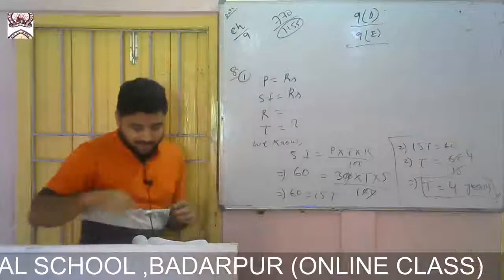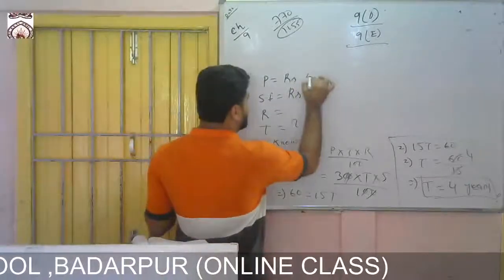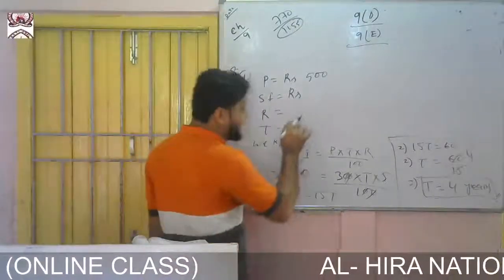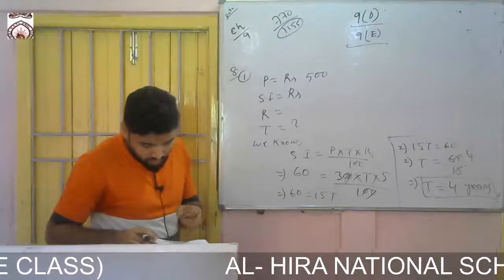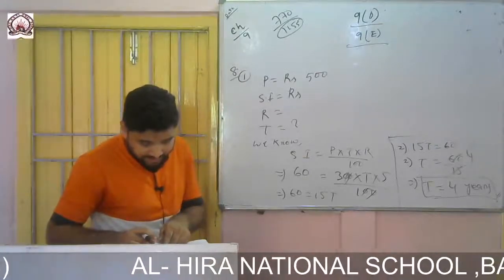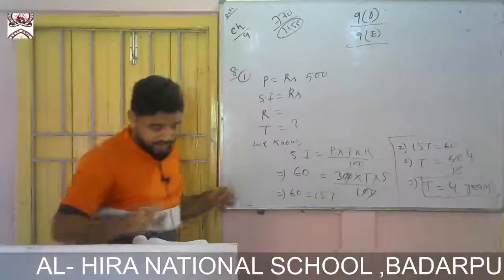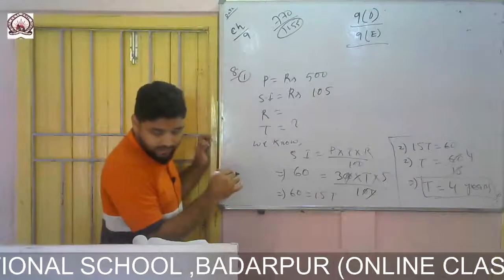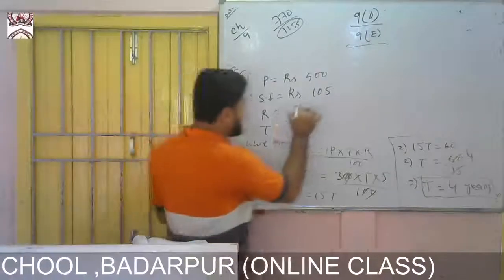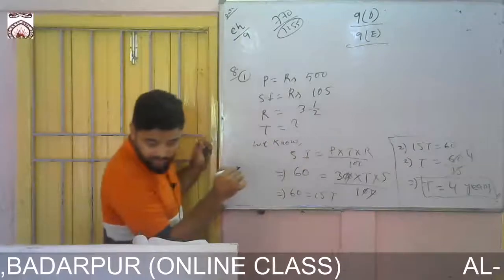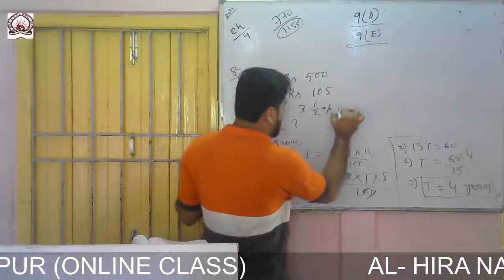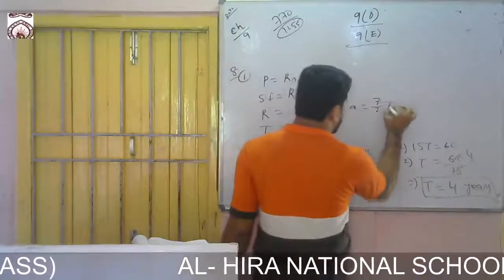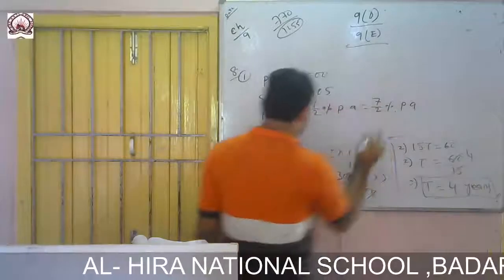Principal is rupees 500 given, and 105 as SI, and rate of interest is 3 1 by 2, that is 3 1/2% per annum. If I break it, 3 twos are 6 plus 1 is 7 by 2% per annum.